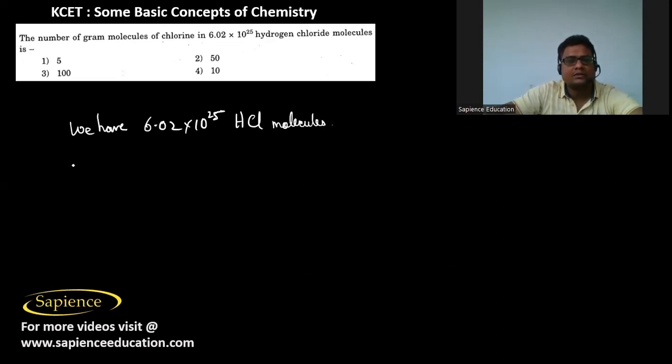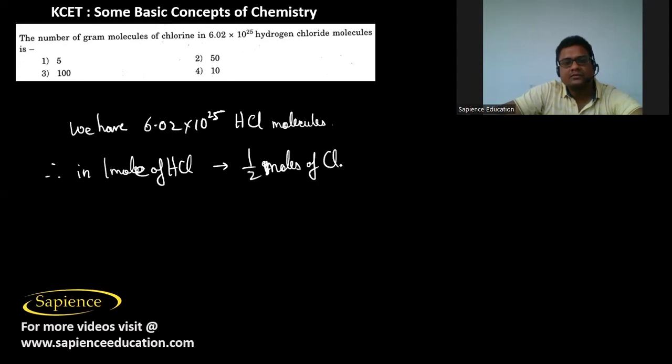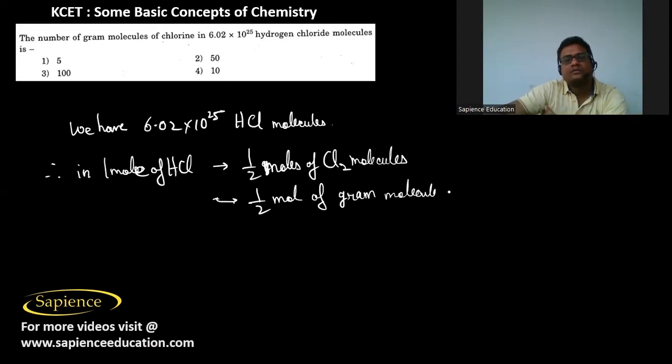Now we know that in 1 mole of HCl, half mole of Cl2 can be formed. So it means we have half mole of gram molecules of chlorine.